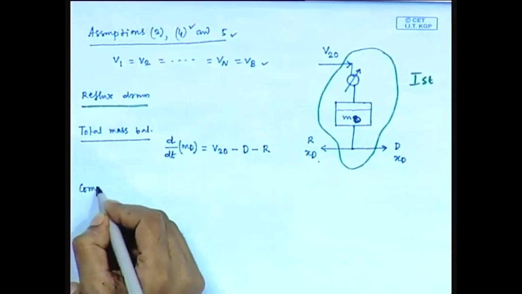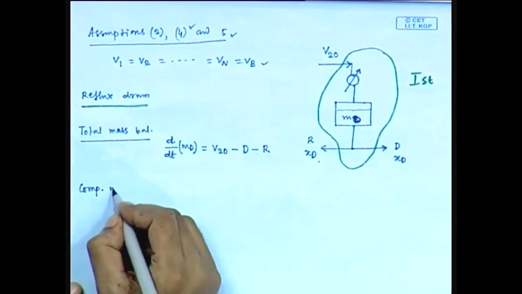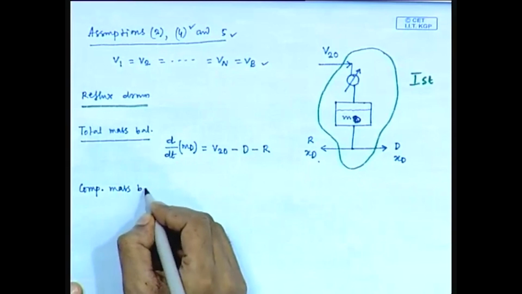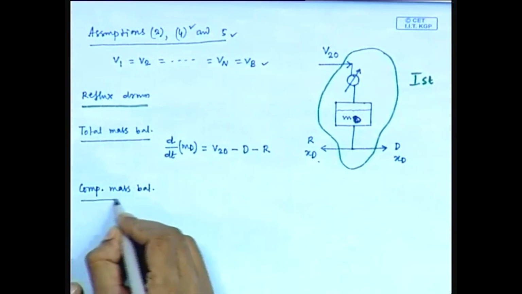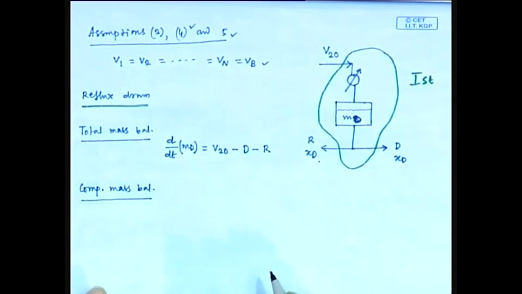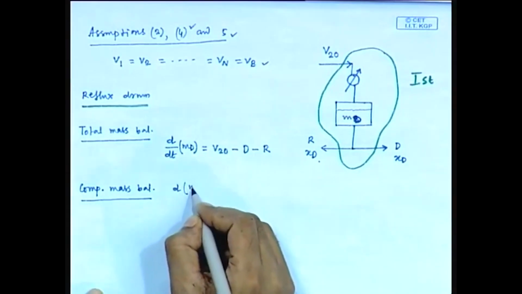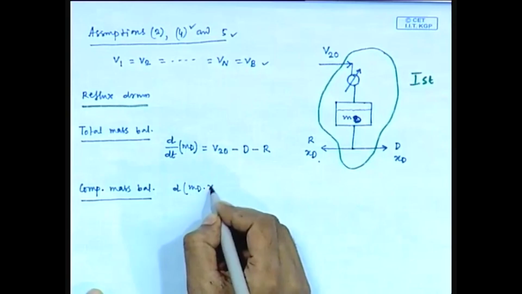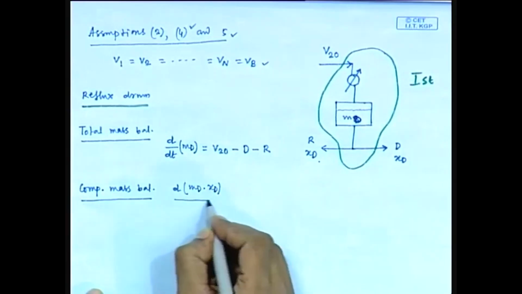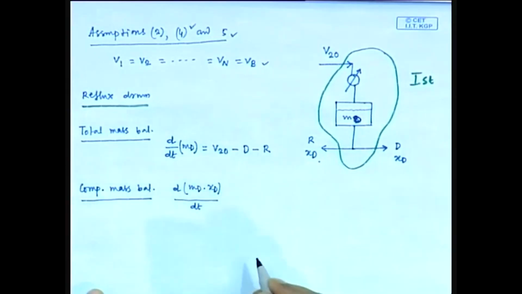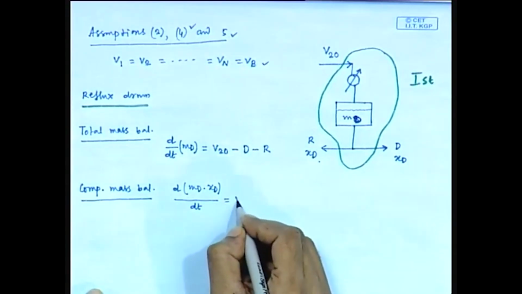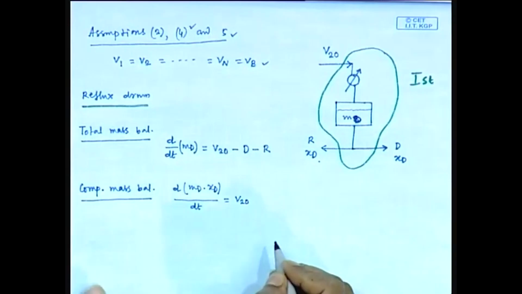Next, we will develop the component mass balance equation. What will be the component mass balance equation? d(Md xD)/dt equals V20 times its composition.